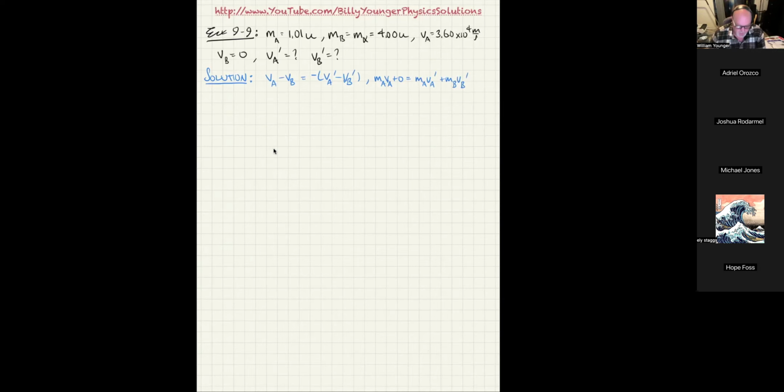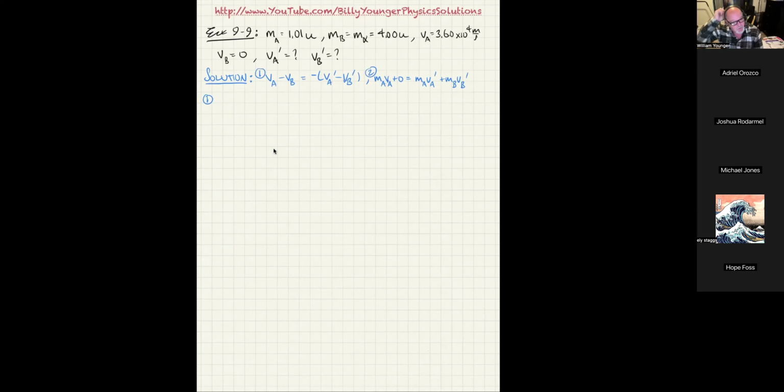So if we go ahead and plug in our values, in terms of VB, VA prime, and VB prime, we can take this first equation, which I'm going to label 1, and the second equation. I'm going to take the first equation first. VA is the velocity of the proton.